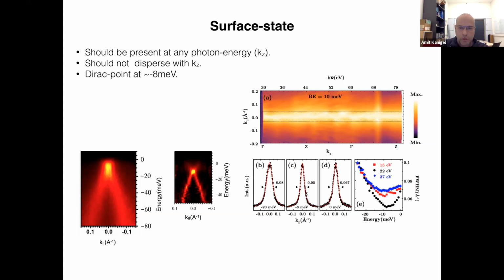To show that it's not dispersing, we take cuts at different energies, and we look at the width in momentum of these peaks, and you can see that there is always a minimal width to this peak, which is at about 8 millivolts, and we assign this minimum with the Dirac point, which is actually in agreement with the work of other groups. So there is a surface state, and the Dirac point is about 8 millivolts below the Fermi level.